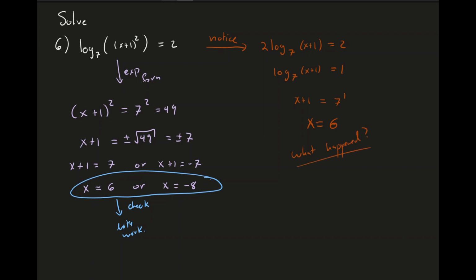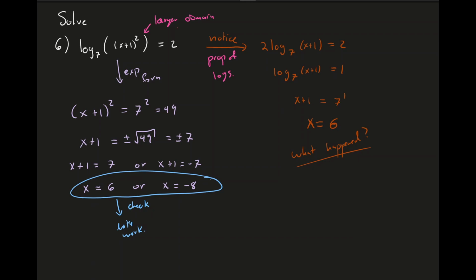Well, the big issue here is that we used a property of a logarithm. Properties of logarithms can either add or take away solutions. So in this case here, it took away the solution x is equal to minus 8. The reason being that on the inside over here, this one has a larger domain.